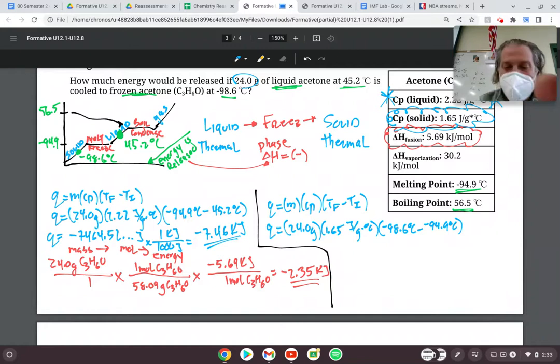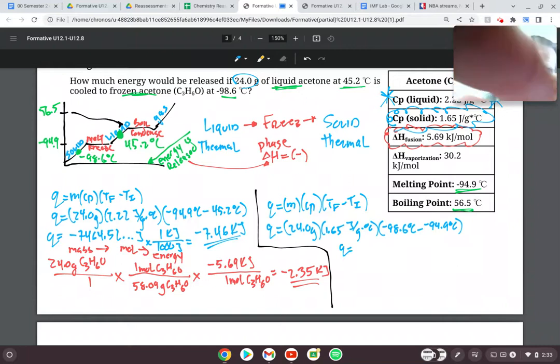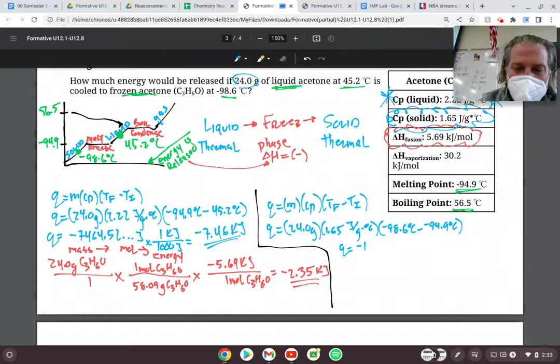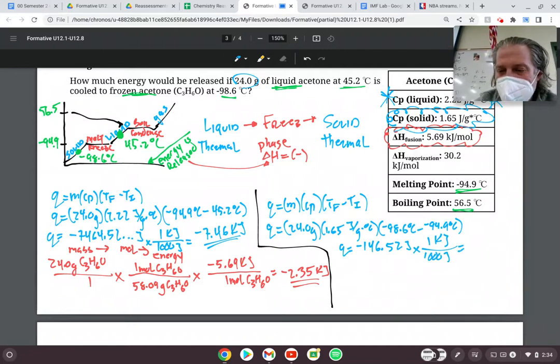And I get something like for Q to be negative 146.52 joules, which I'm going to convert to kilojoules. 1 kilojoule is 1,000 joules, and that becomes negative 0.147 kilojoules.